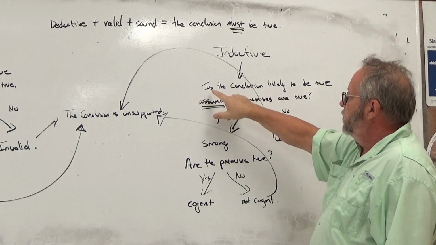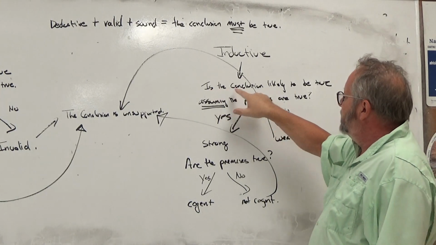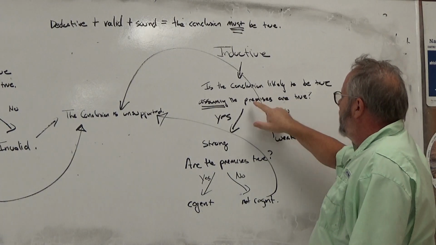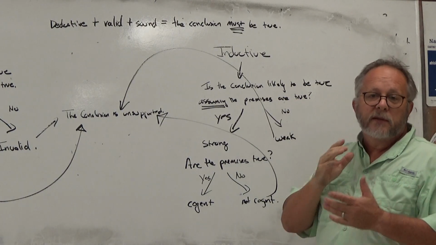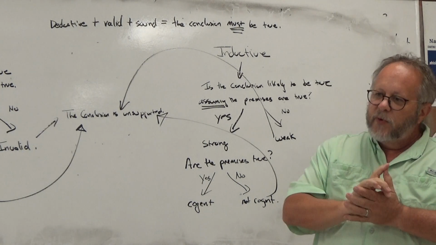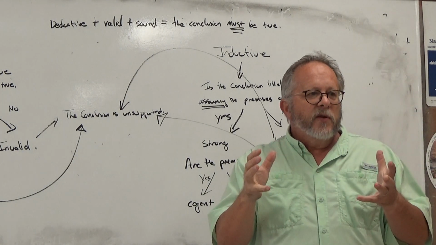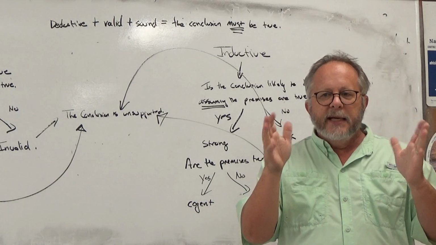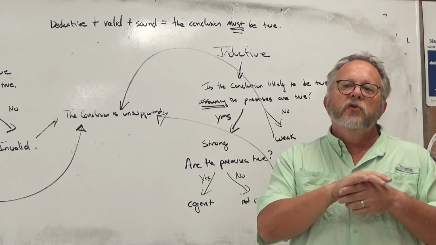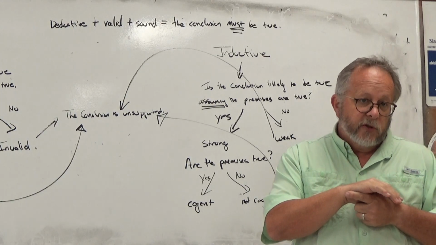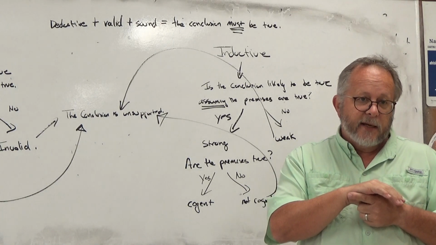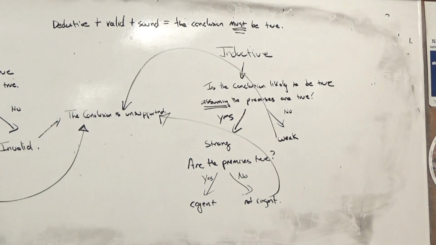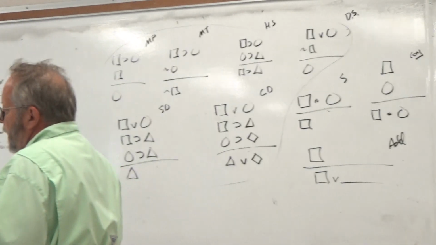Okay. So we're going to ask this question. Is the conclusion likely to be true, assuming the premises are true? Okay? So right off the bat, we don't ask, are the premises true or false? Assume that they are true and ask, is the conclusion likely to be true? Does everybody understand that? Now, there's a couple things to say about this.